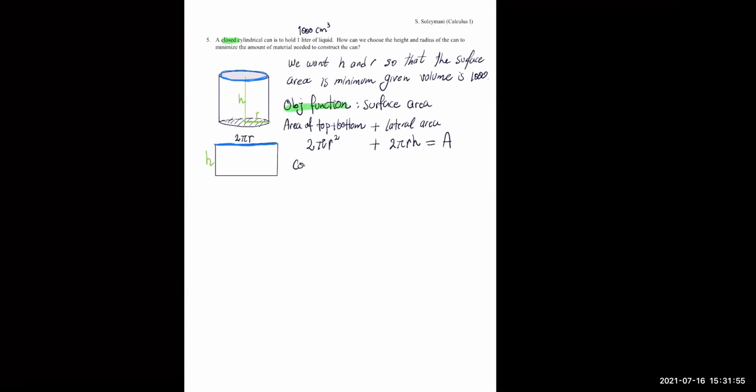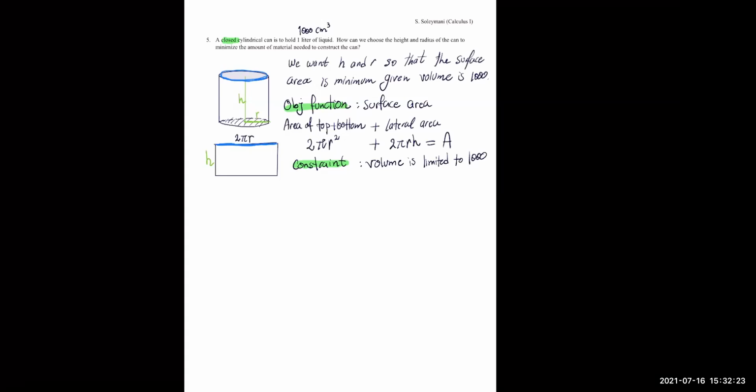So here the constraint is the volume. It's how much you are limited to fit, okay? This is our constraint, volume being 1,000. Volume is limited to 1,000.